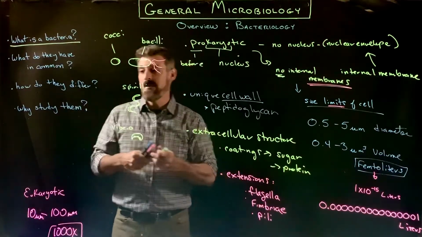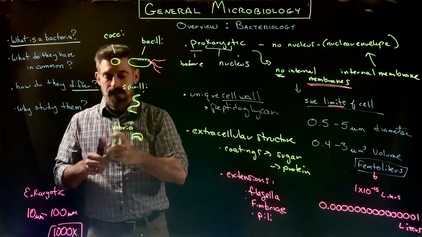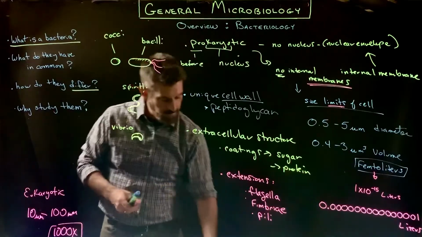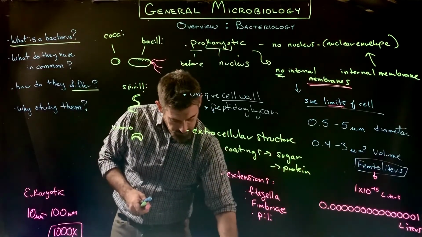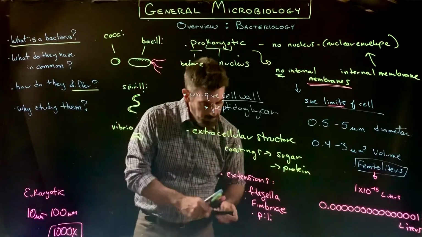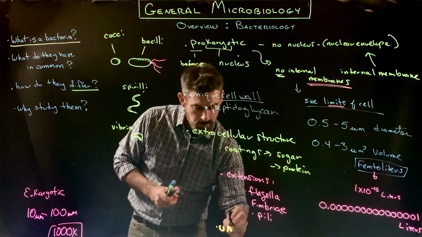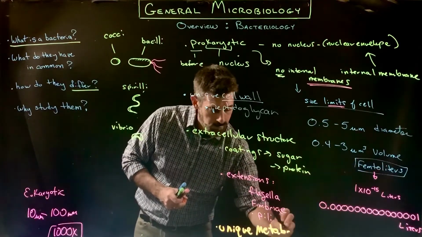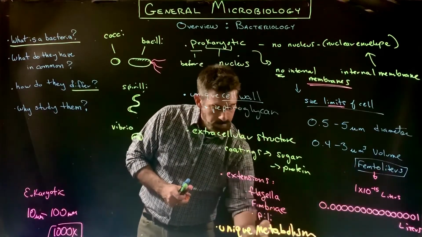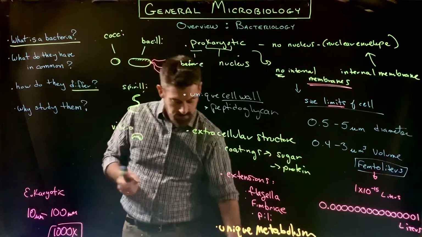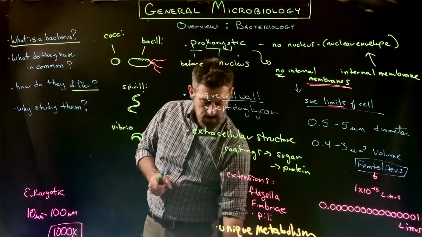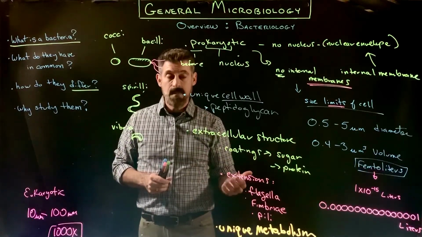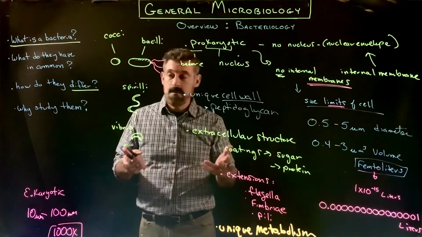Another way in which they differ from one another in many ways is going to be their metabolism. As far as metabolism goes, I talk about unique metabolisms, but in general, the metabolism of a bacteria is going to be, in a lot of ways, similar to our metabolism.